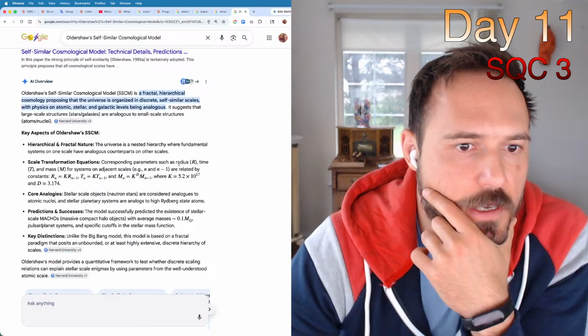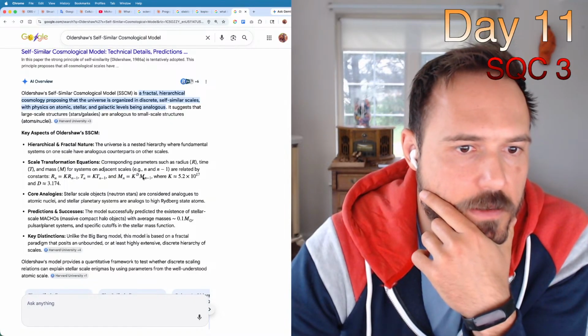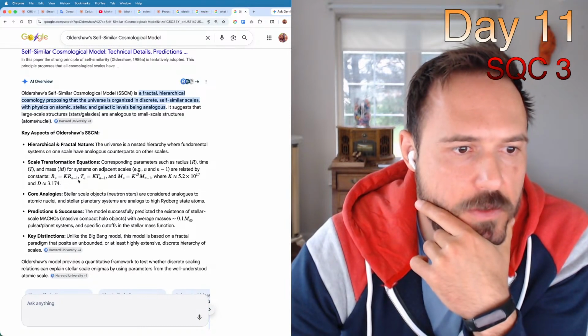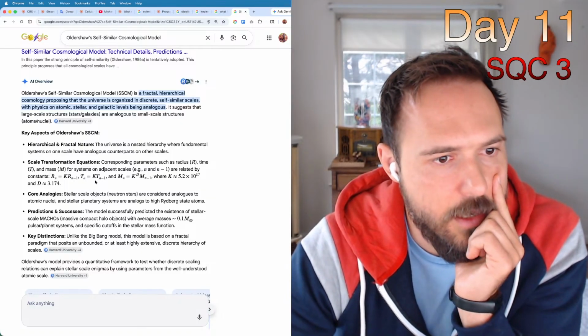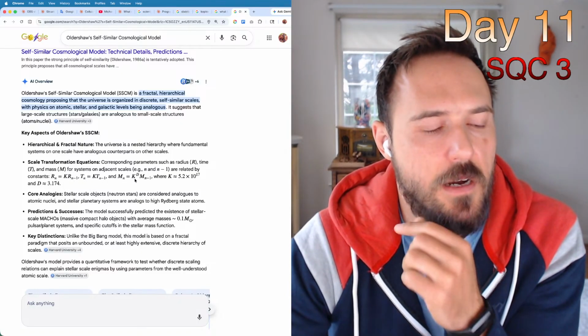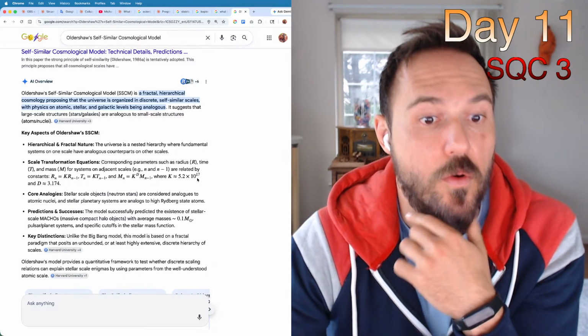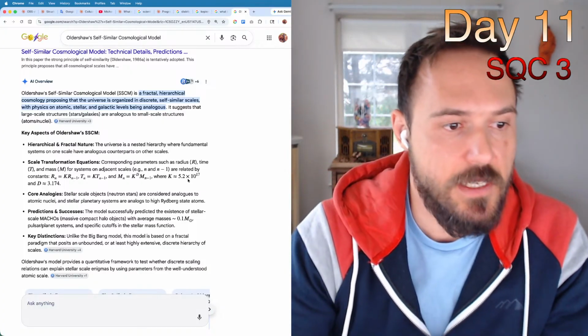Corresponding parameters such as the radius r, time t, and mass for systems on adjacent scales are related by a constant: radius n equals k times r n minus 1. What is k? Time n equals the coefficient times t n minus 1. Wait, k 5. Oh, they calculated it. 5.2 multiplied by 10 to the 17th.